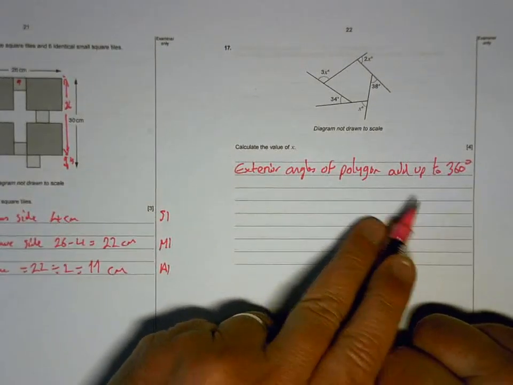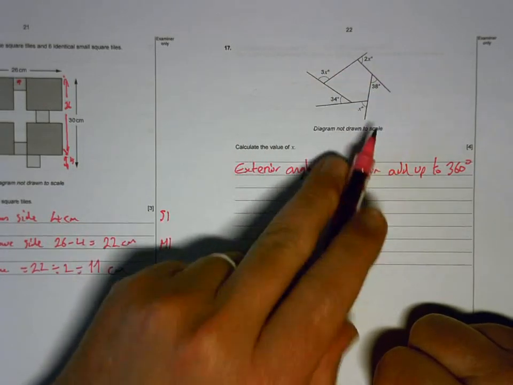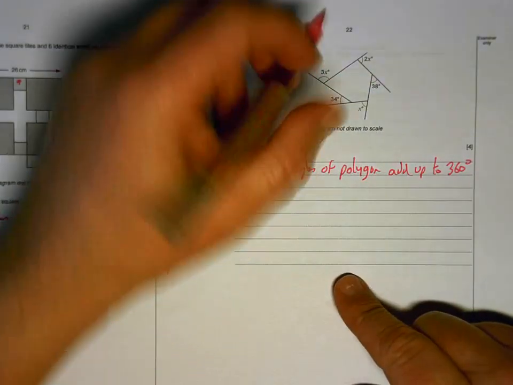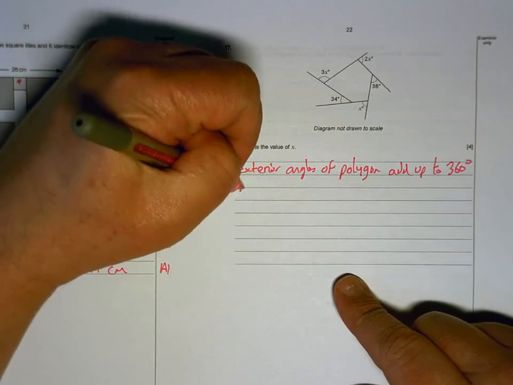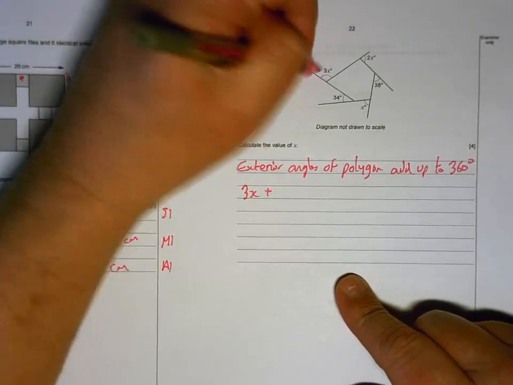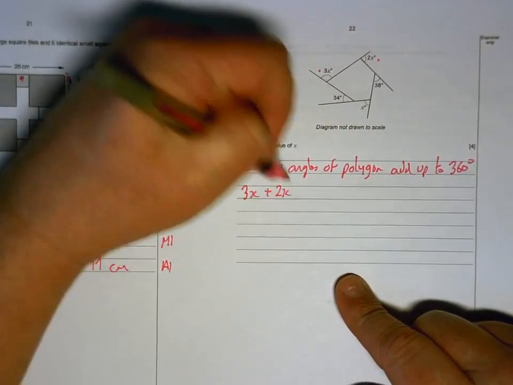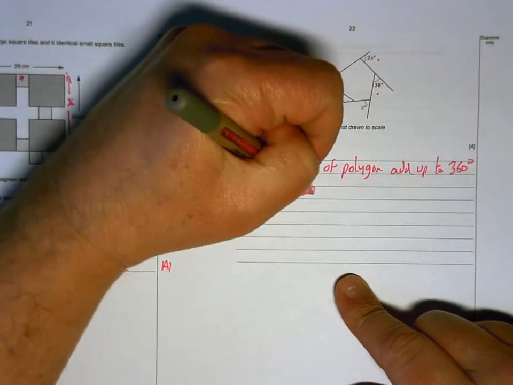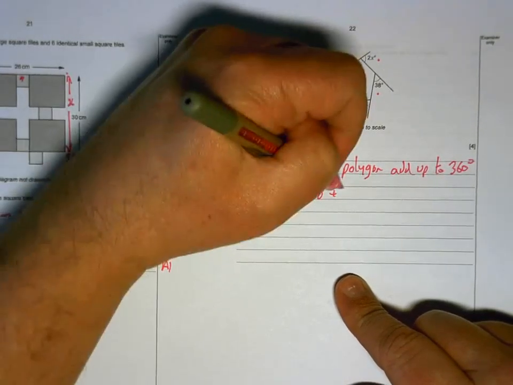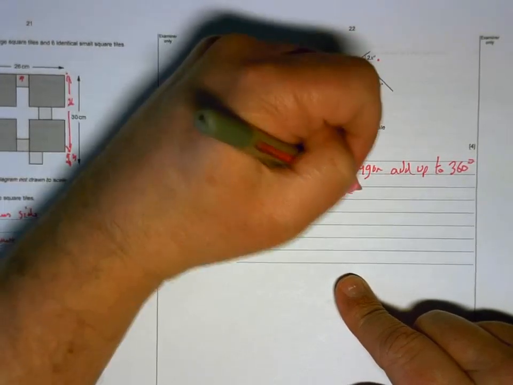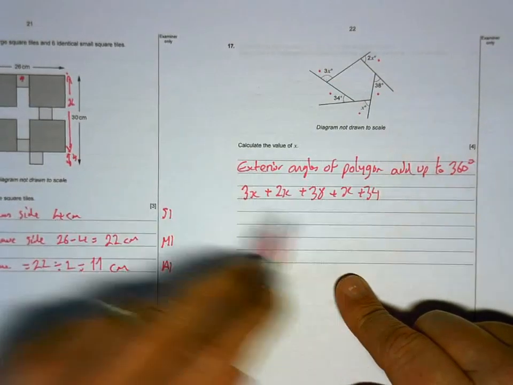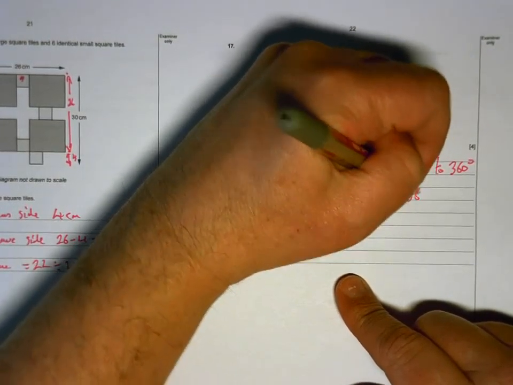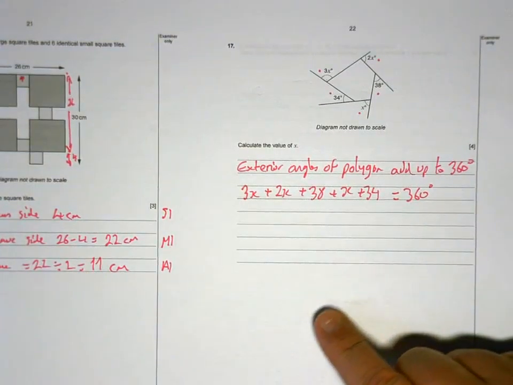Once you know that, then we can create an equation. We've got 3x plus 2x plus 38 plus 1x plus 34 are those angles, and that must all add up to 360.